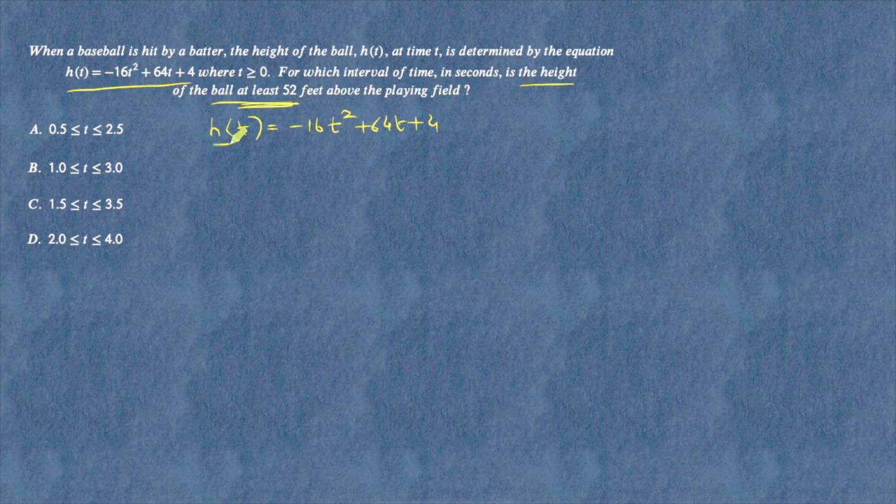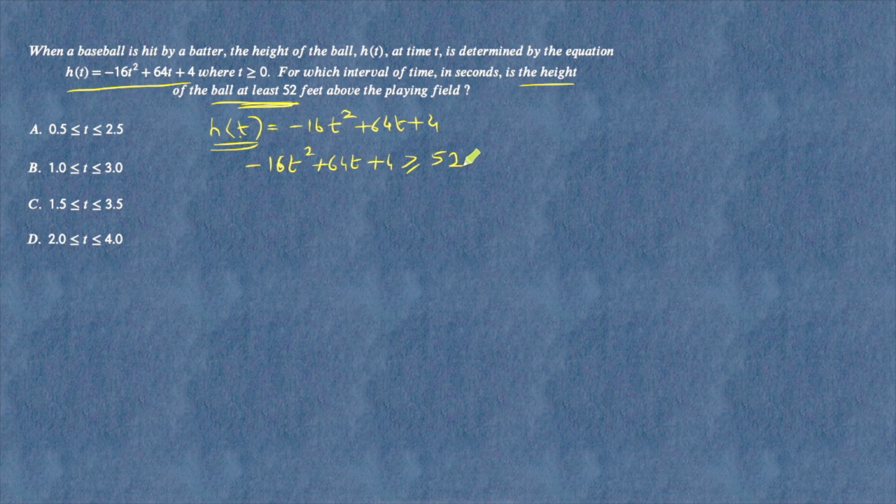So this value is greater than or equal to 52. So now the equation becomes an inequality: minus 16t square plus 64t plus 4 is greater than or equal to 52. Solving a quadratic equation with inequalities is slightly different from solving a quadratic equation with an equal to sign.